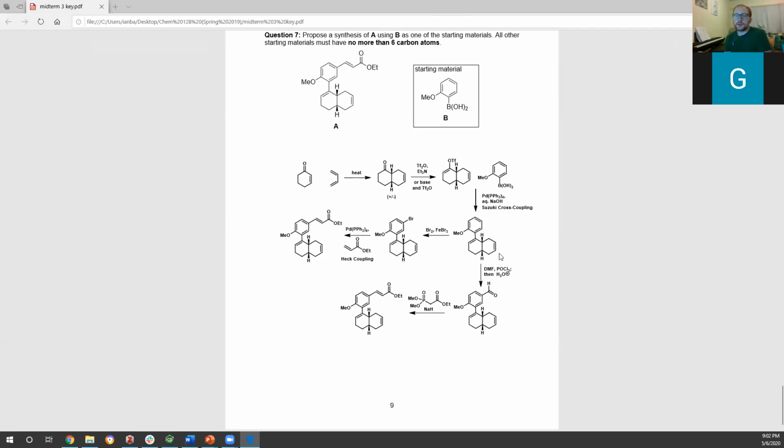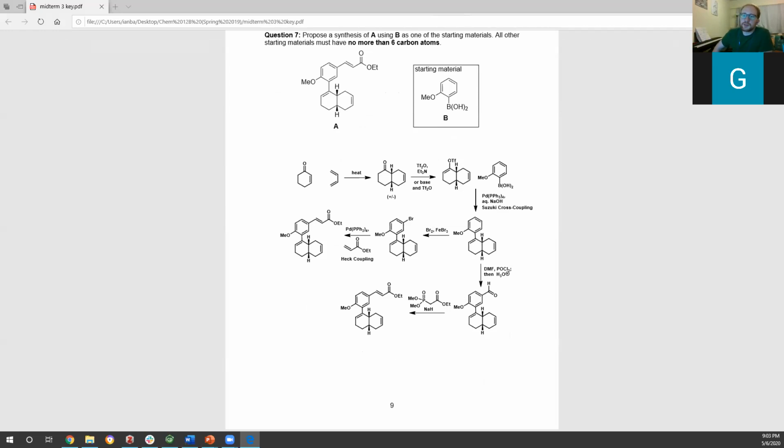I think what a lot of people struggled with on this question in the final was order of operations, and making sure that you were able to do a very selective Diels-Alder reaction.